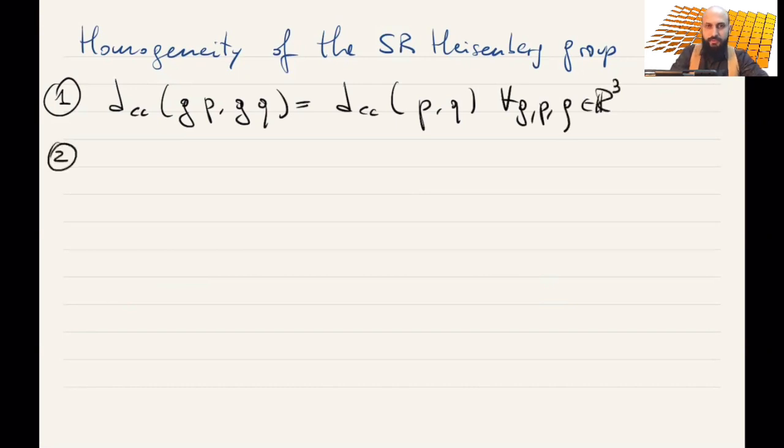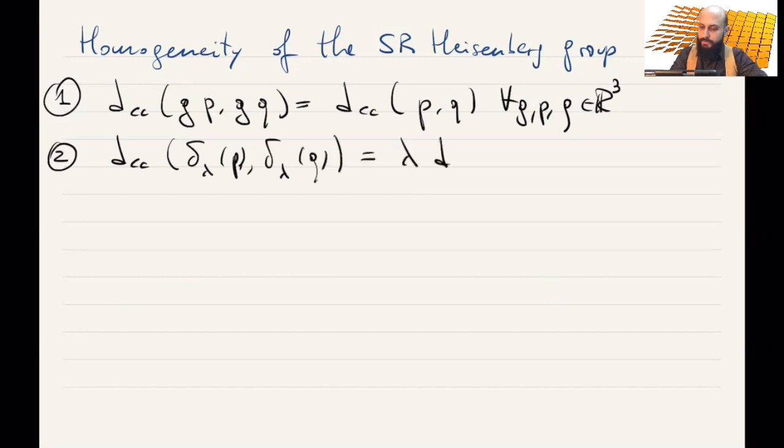But then there is also this dilation that exactly dilates the distance by the factor lambda, d_CC(δ_λ p, δ_λ q) = λ d_CC(p, q), for all lambda greater than 0. Okay, let's rephrase this in terms of metric balls.